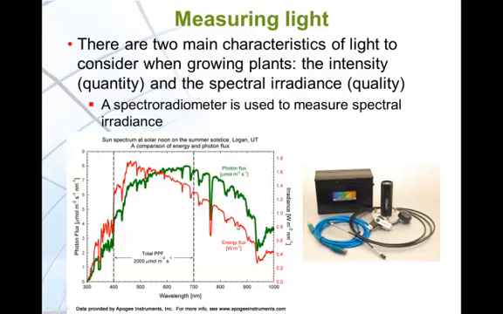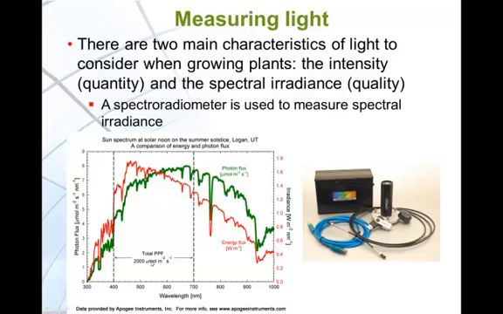Then the energy-based distribution of each nanometer or wavelength is shown in this red chart. The unit of the photon flux reading from a spectral radiometer is micromoles per square meter per second per nanometer, and the energy-based reading is watts per square meter per nanometer.